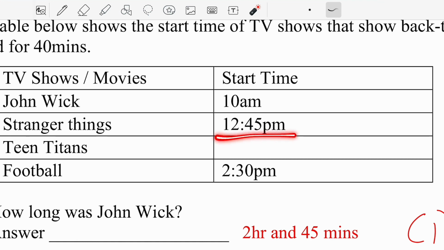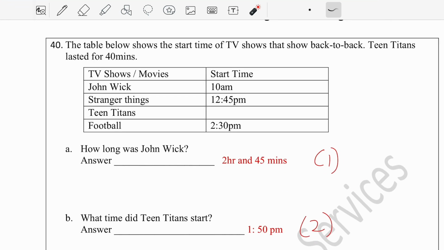So as soon as John Wick was finished, Stranger Things began. So John Wick finished at 12:45 and Stranger Things began at 12:45. So we can use that information.